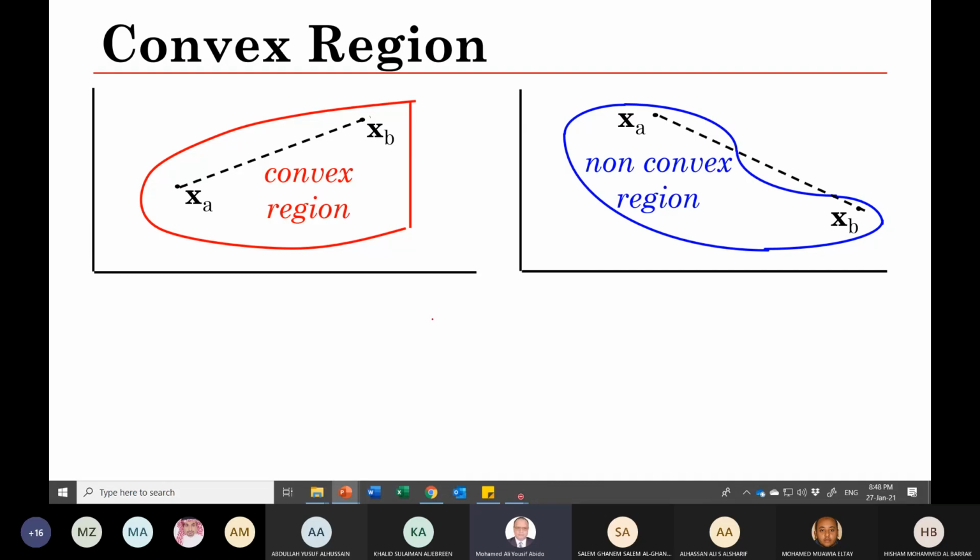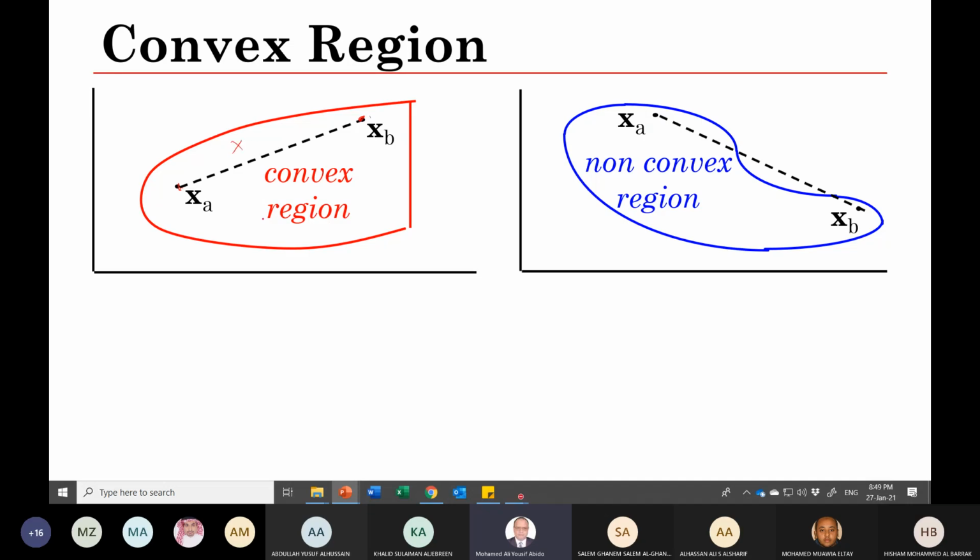The definition of a convex region: if you arbitrarily choose any 2 points in this region, the straight line between these 2 points, or the interpolation of these 2 points, is completely inside this region.